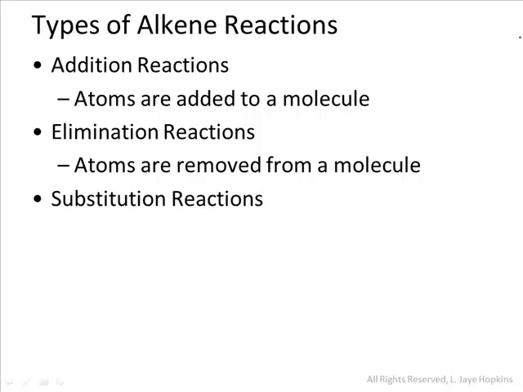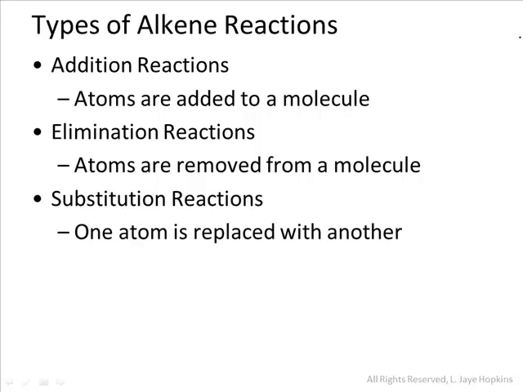We'll also talk about substitution reactions. Substitution reactions, just like the name implies, are reactions where you remove one atom and you replace it with another atom. There's also a type of reaction called a rearrangement reaction. Because they're a little more technical in nature, we won't touch on those in this class. So that's where we'll pick up in our next lecture.